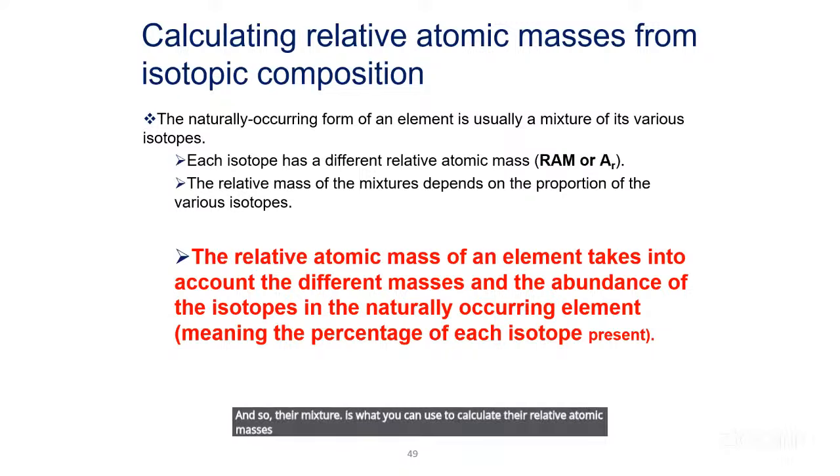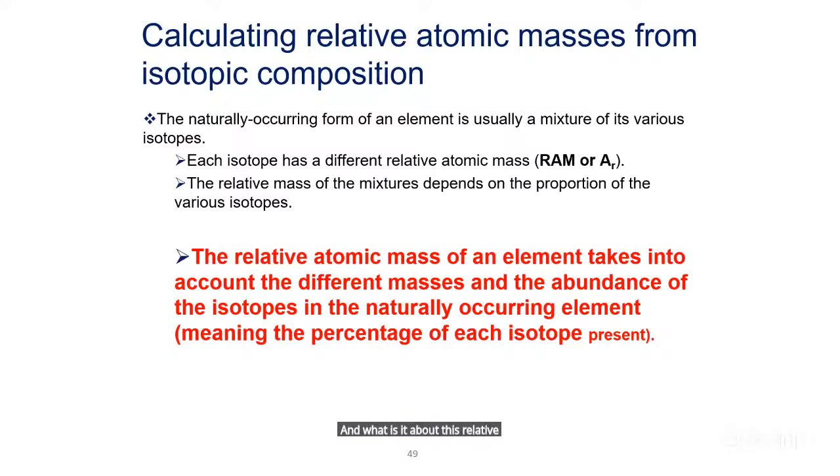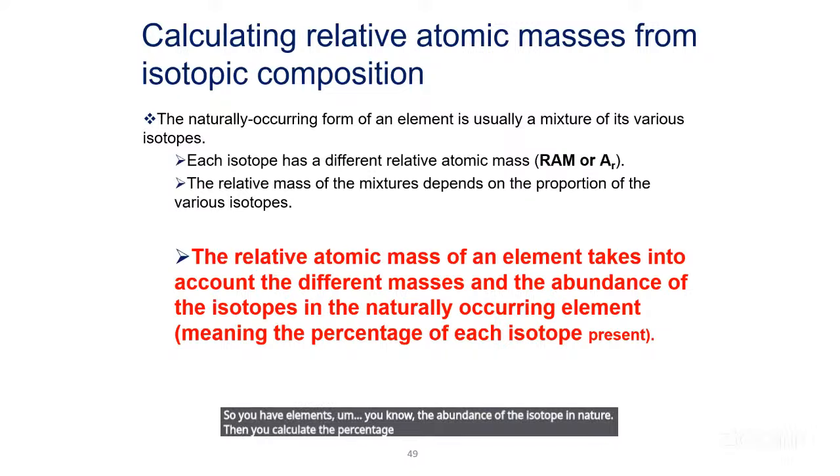So when you're dealing with isotopes, you talk about their relative atomic masses. It depends on the abundance of the isotopes in nature. Then you calculate the percentage of each of the isotopes to give you the relative atomic mass.